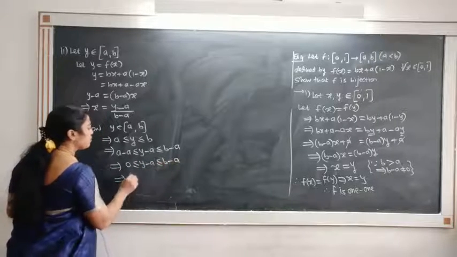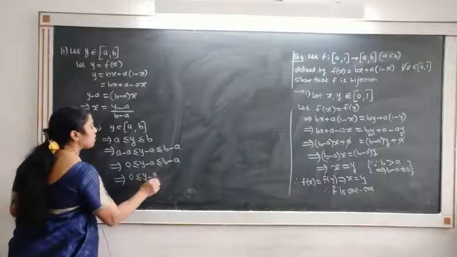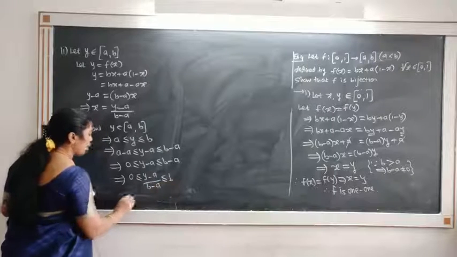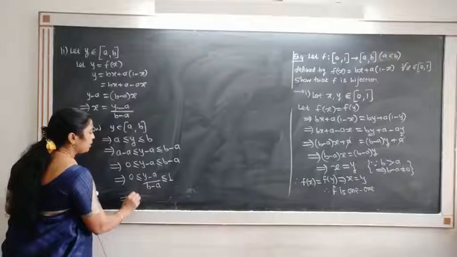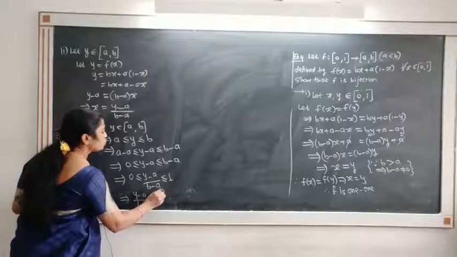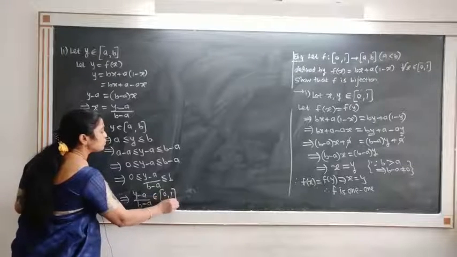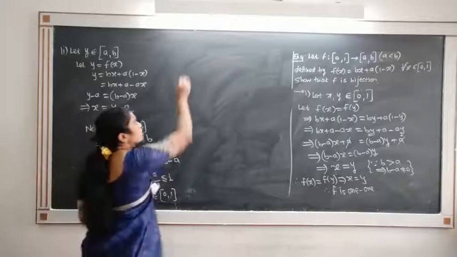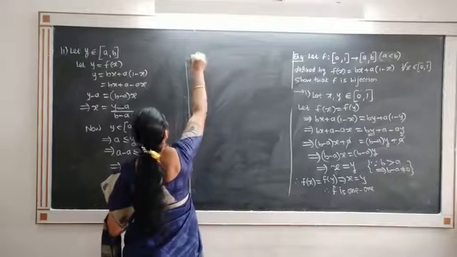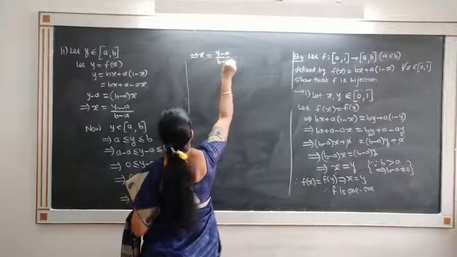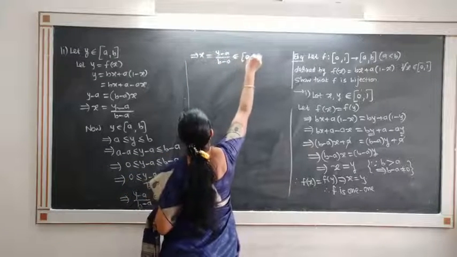Divide by b minus a, we get 0 is less than or equal to (y minus a) upon (b minus a) is less than or equal to 1. Means that (y minus a) upon (b minus a) belongs to the closed interval [0, 1]. This implies that x, which is equal to (y minus a) upon (b minus a), belongs to the closed interval [0, 1].